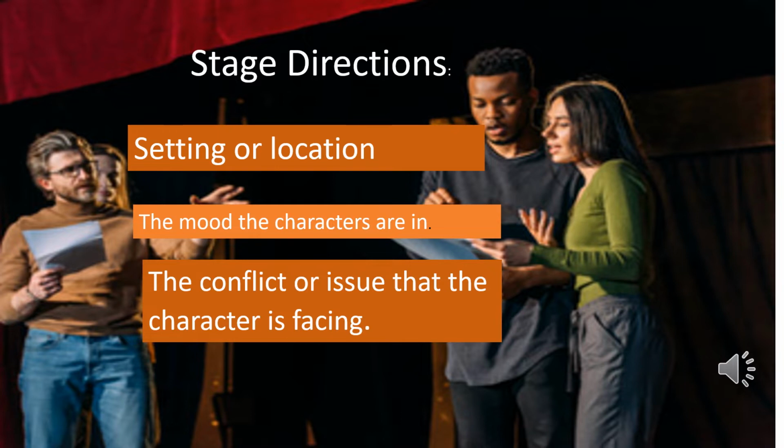Secondly, it reveals the mood the characters are in. Are they sad, despondent, happy, confused, perplexed? And of course, the conflict or issue that the main character is facing at this time.